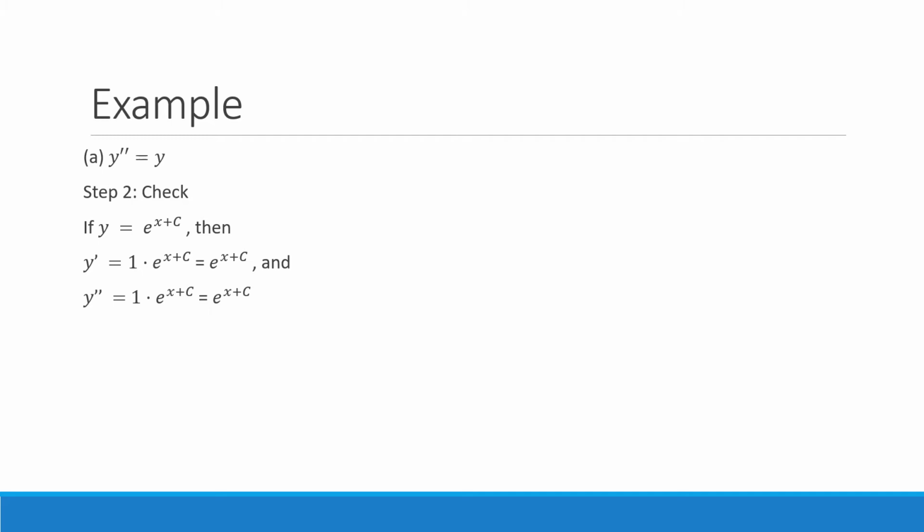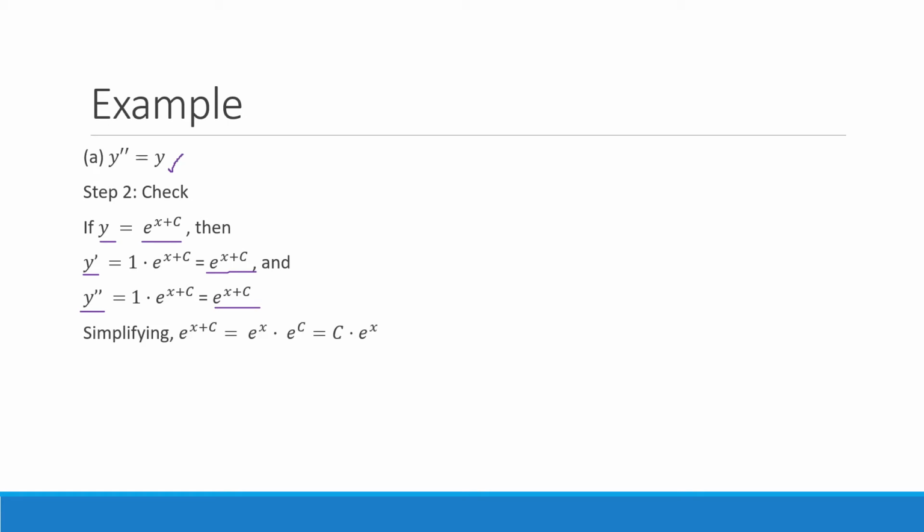We can see that we are finally satisfying our differential equation. We have taken the second derivative here, and it equals e to the x plus c. We've taken the first derivative, it equals e to the x plus c, where our y is equal to e to the x plus c. So we are satisfying this differential equation.